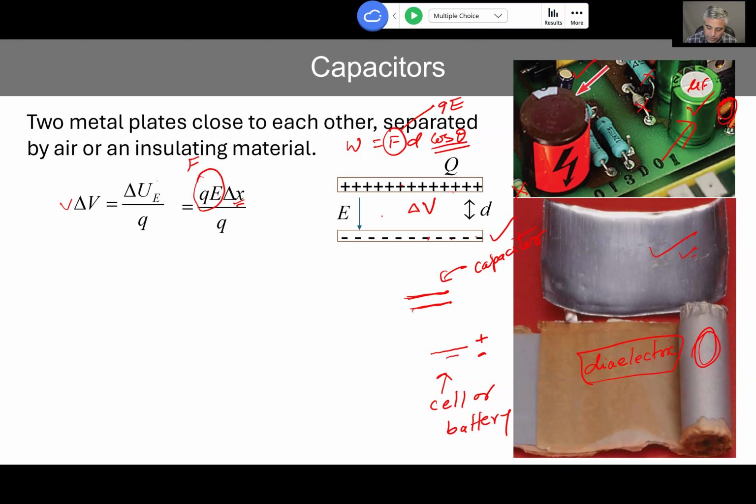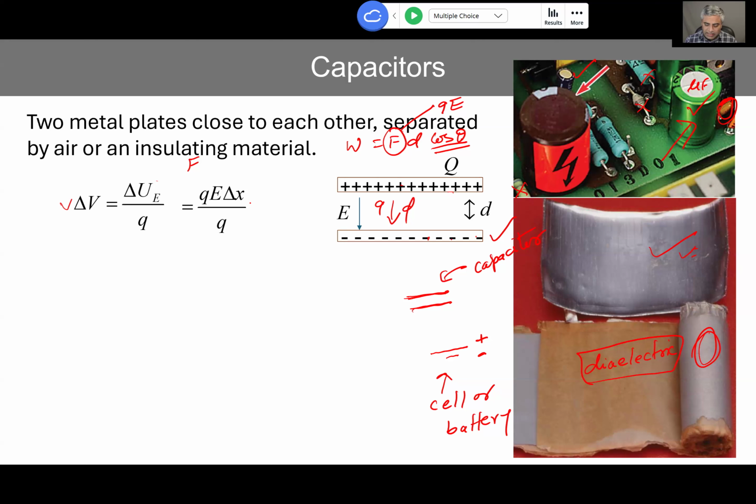So think about moving a charge over here this way or that way. Okay. So the angle is going to be either 0 degrees or 180 degrees. Cosine 0 is 1. Cosine 180 is -1. Okay. So that energy is going to be either positive or negative. So here, let's say the charge is just moving in the direction of the field. For example, if I let a positive charge move here, it's going to move this way. So displacement and field are going to be in the same direction.